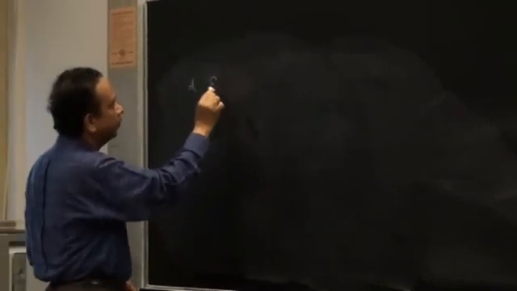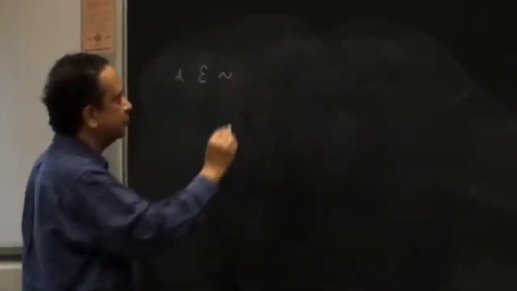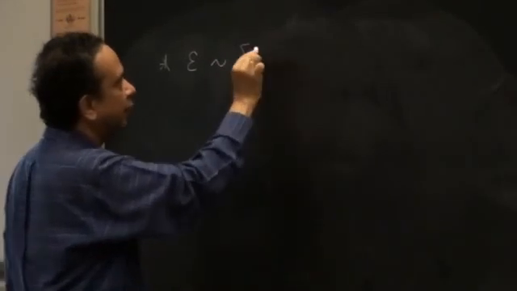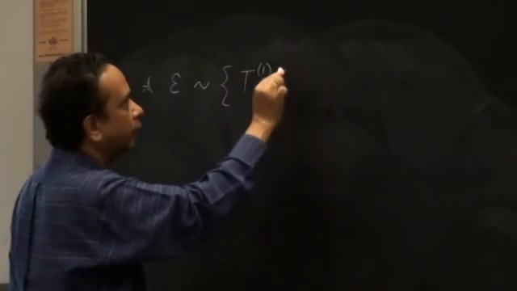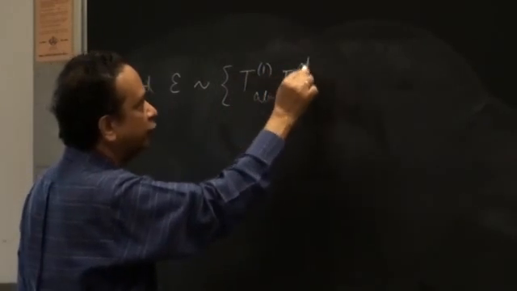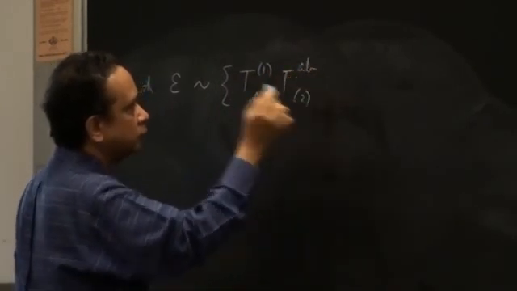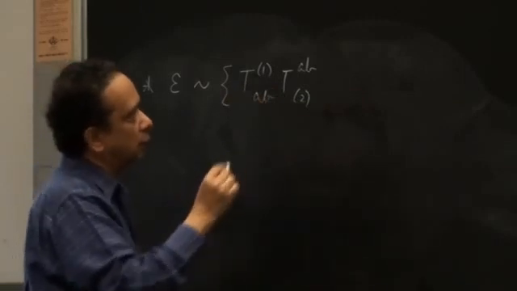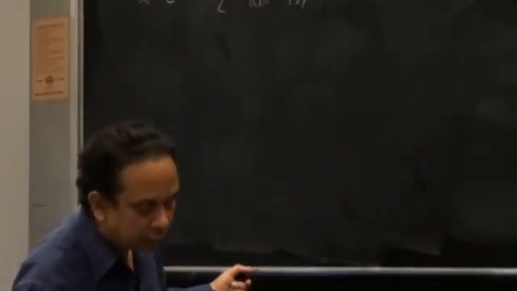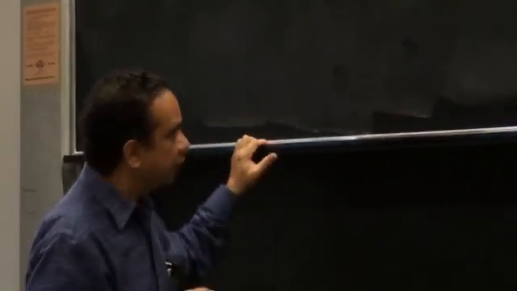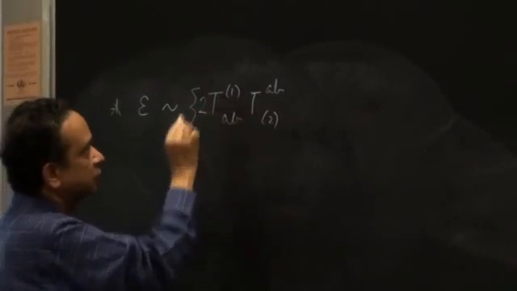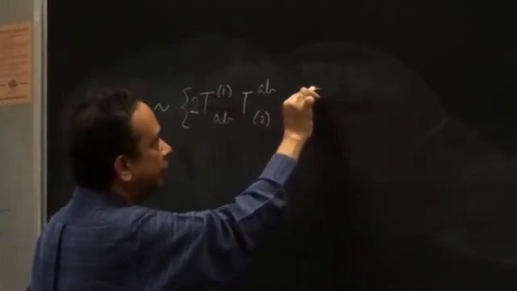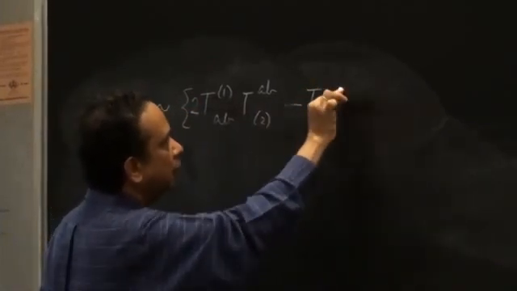We sort of showed that the coupling term between two energy distributions essentially goes as T_AB of 1, T_AB of 2, I did wipe it out, yeah. That's correct. This is 2 times this minus T of 1, T of 2.